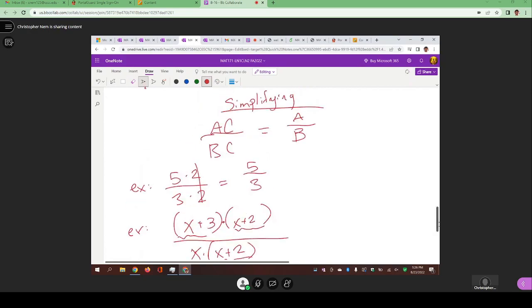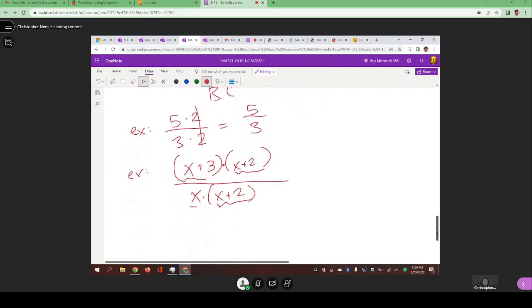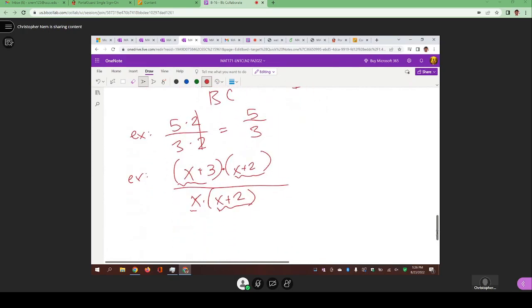Simplifying is only for multiplication. However, these additions that you see are inside your groups. The groups themselves are all multiplying. So then I can actually cancel out the x plus 2 and x plus 2, and I'm remaining with x plus 3 over x. You can use parentheses if you want to, just to signify it's one object. That's up to you, though.